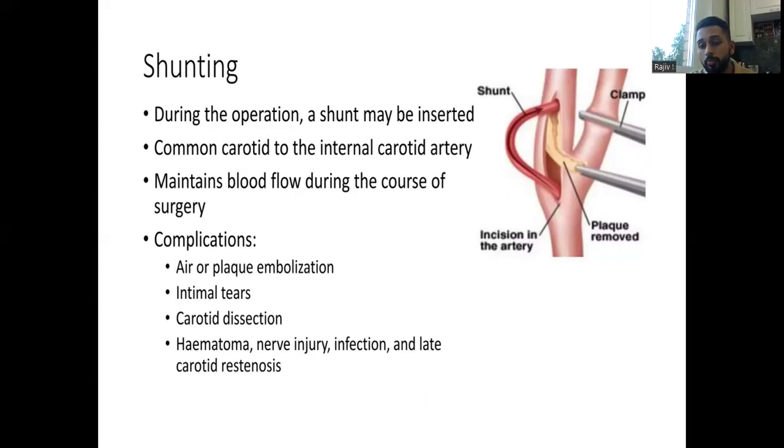But usually we don't do it because it can cause a lot of complications because the vascular walls are very thin and we don't want to mess with it. So it can cause carotid dissections, it can cause the tunica intima layer tears, or also it can cause air embolism. So to avoid that, we don't do shunting these days, but for Steele syndrome, shunting is a must.